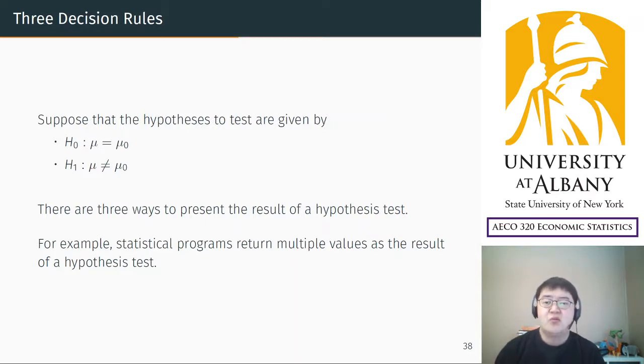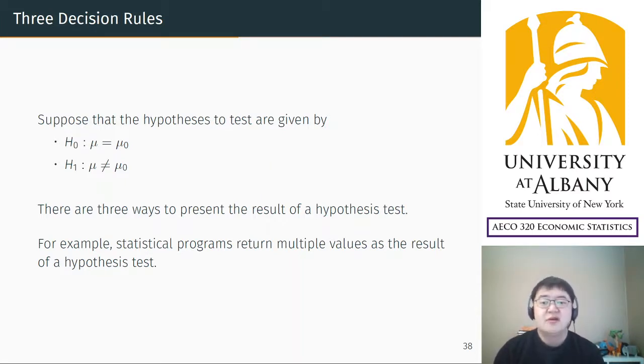And we are going to consider three different ways to present the result of a hypothesis test. So there are three different ways to get to the same conclusion. Of course, the three methods are equivalent to each other in the end. The reason why I'm teaching you this is because literally the results are presented in different ways.